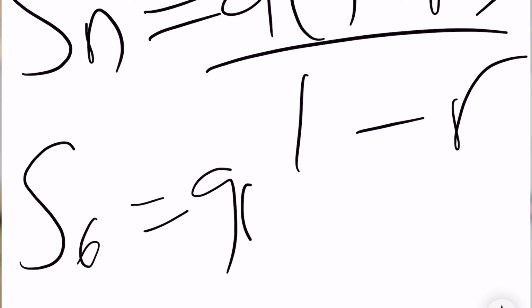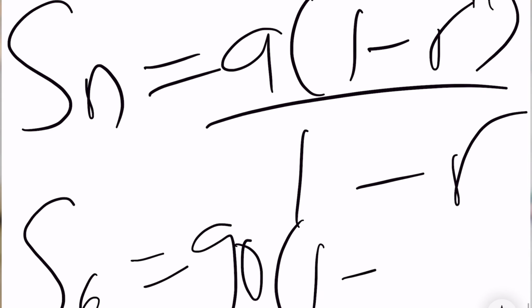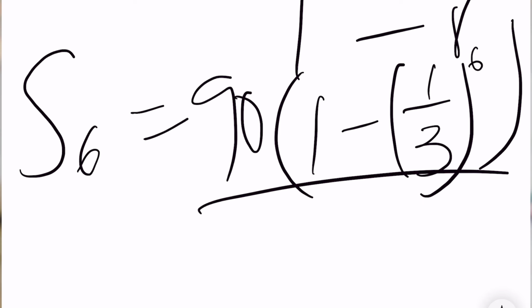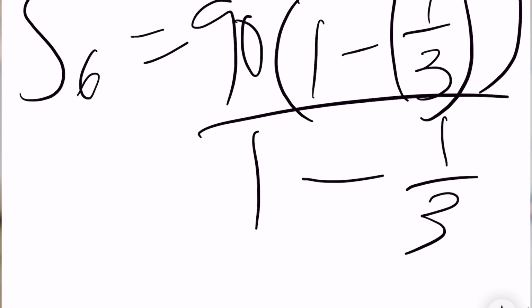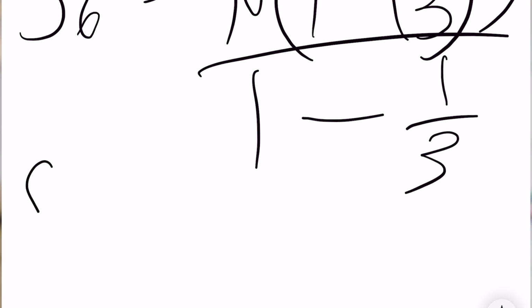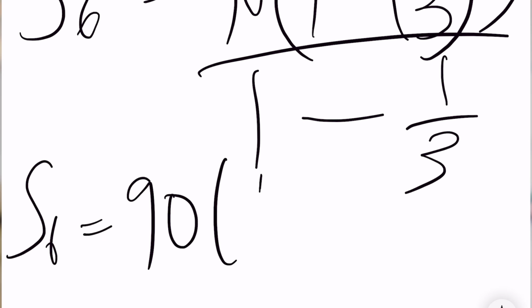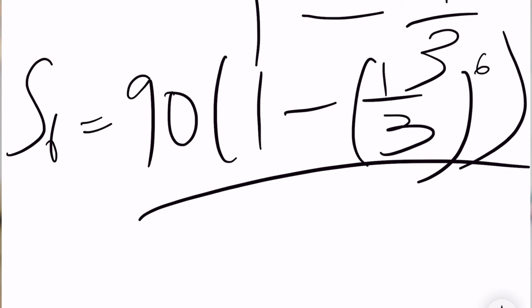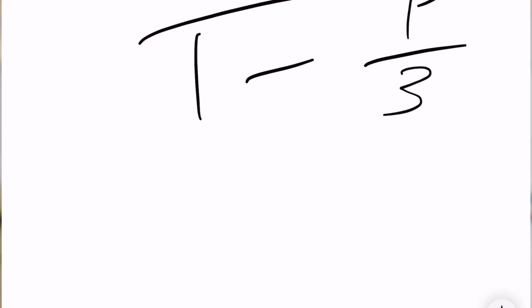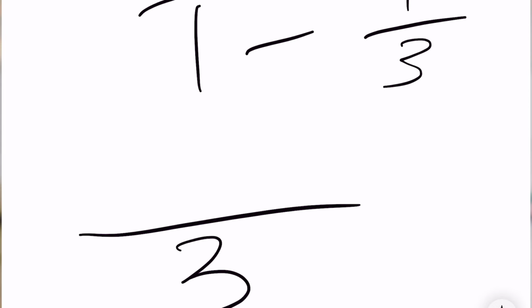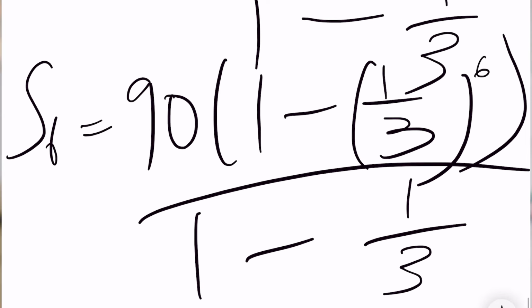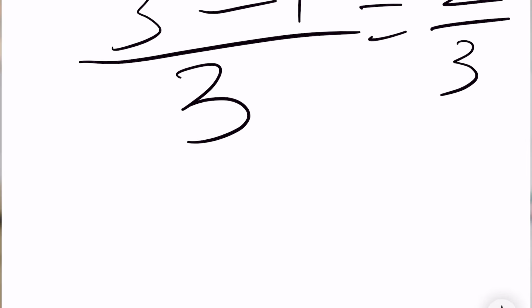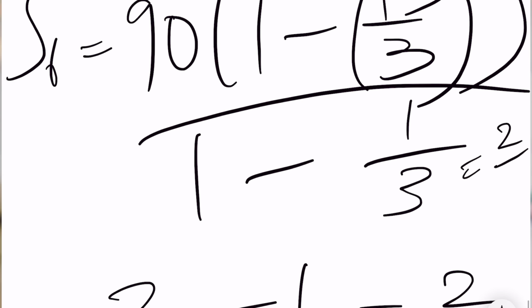S6 is now 90 into bracket 1 minus 1 over 3 raised to power 6 over 1 minus 1 over 3. So let's solve for the lower part. We have 3 minus 1 over 3, which is 2 over 3. So the lower part here is 2 over 3.